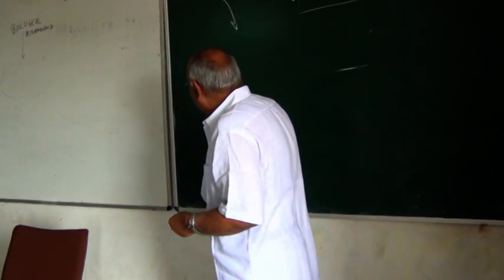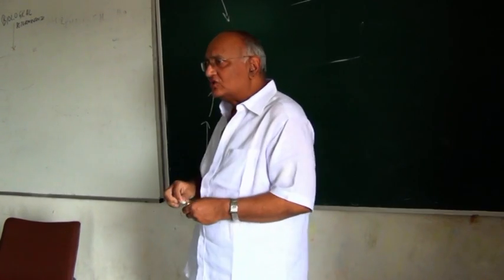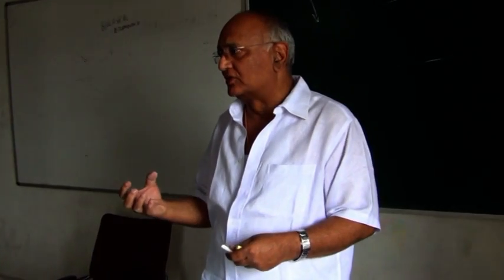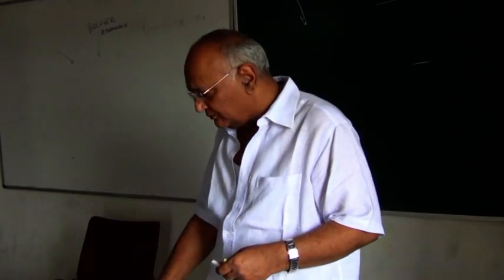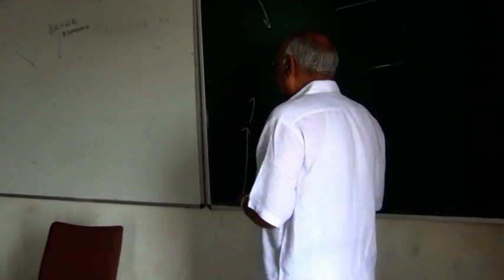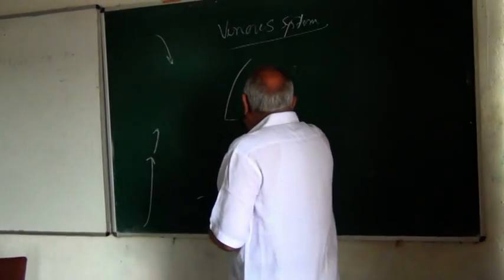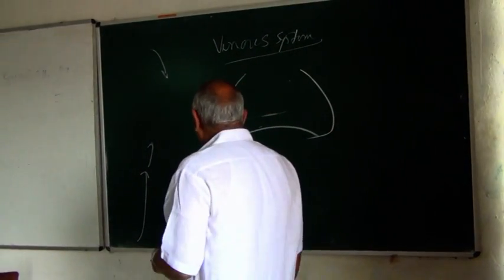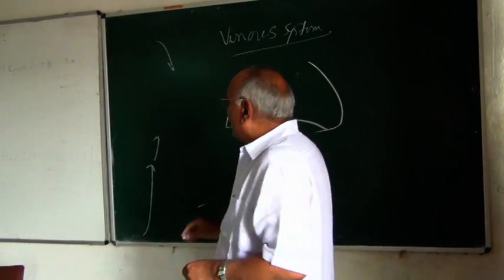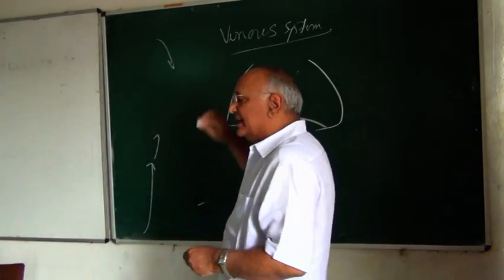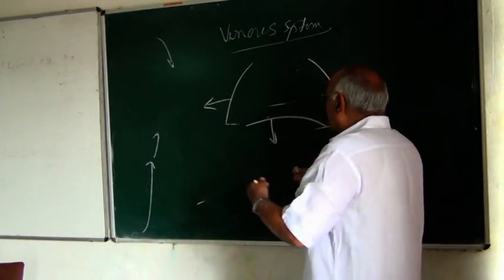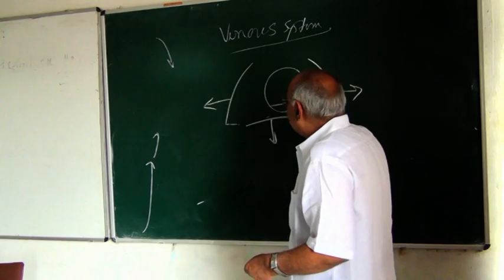But from the lower side, it is just the other way. It has to antagonize the gravitational force, and the blood has to ascend from the toe to the heart. How does it overcome this? There are certain factors. There are three things. One, the biggest factor, is the thoracic cage. When the diaphragm goes down in inspiration and the chest wall goes out in inspiration, negative pressure is created.